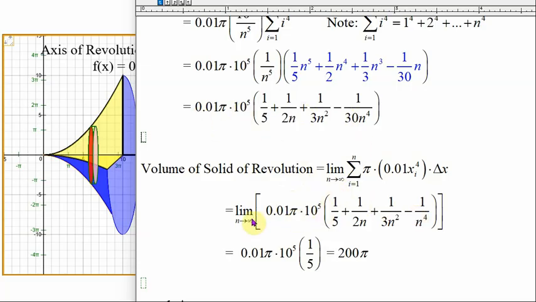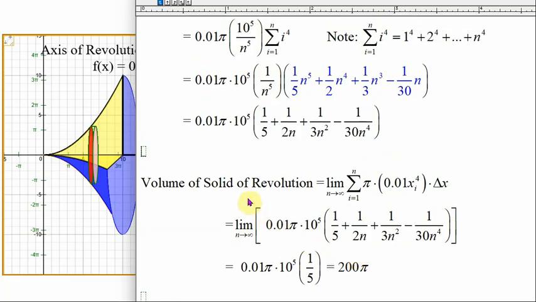And as n approaches infinity, 1 over 2n approaches 0, 1 over 3n squared approaches 0, and 1 over 30n to the 4th approaches 0. And so what's left is just 0.01 pi times n to the 5th times 1/5, which is 200 pi. And so the volume of the solid of revolution is 200 pi.